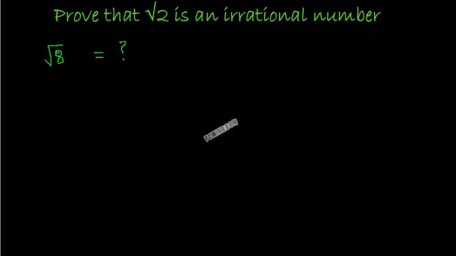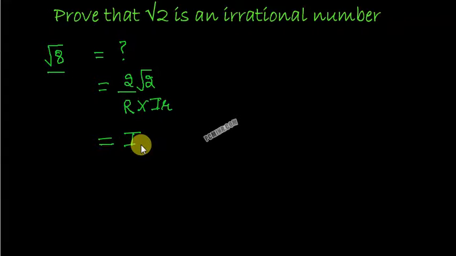And now, since you know that square root 2 is not a rational number, I proceed to a question which asks, what about square root 8? Is it a rational or an irrational number? See, square root 8 can be written as 2 times square root 2. Of course, it's not a perfect square. Now, 2 is a rational number, but a rational number being multiplied with an irrational number would result in an irrational number.